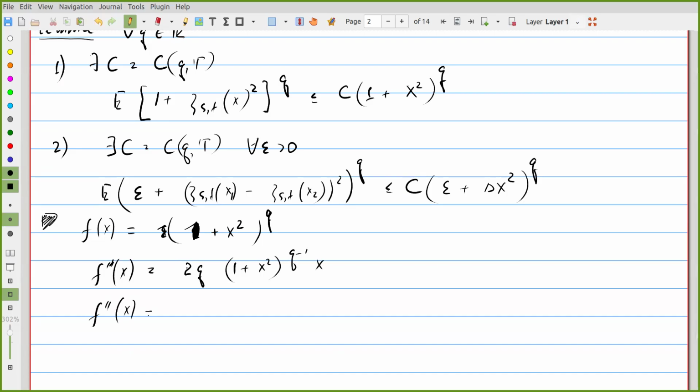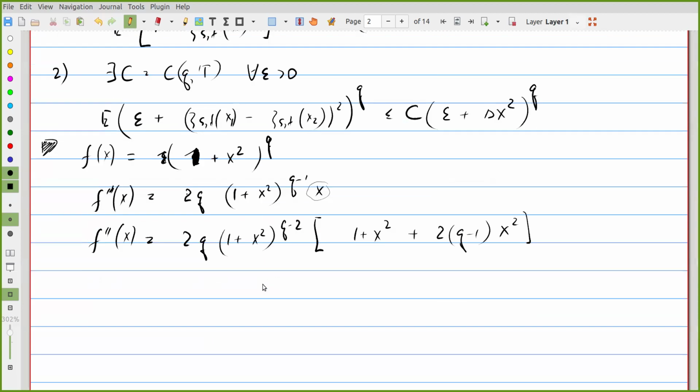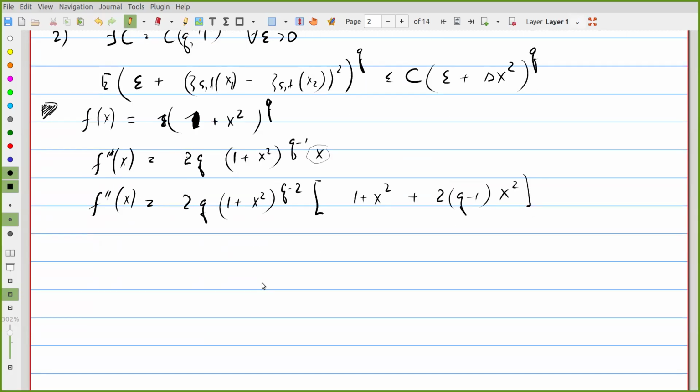And the second derivative is going to be 2q(1 plus x squared) to the power q minus 2, times the bracket: 1 plus x squared, if we differentiate this factor, plus 2(q minus 1) x squared, if we differentiate this part. Set eta of t equal to psi s t x. And if needed, you can use the localization technique, but in the end, we should arrive at something like that by using the Ito formula.